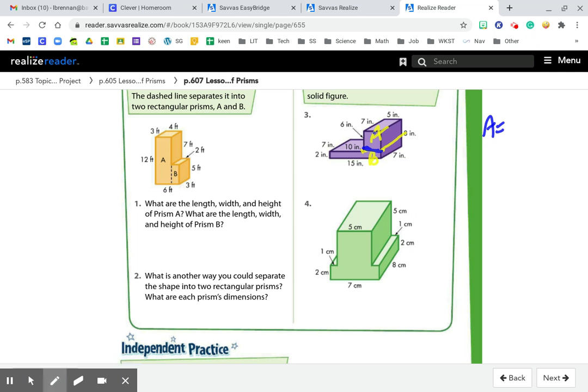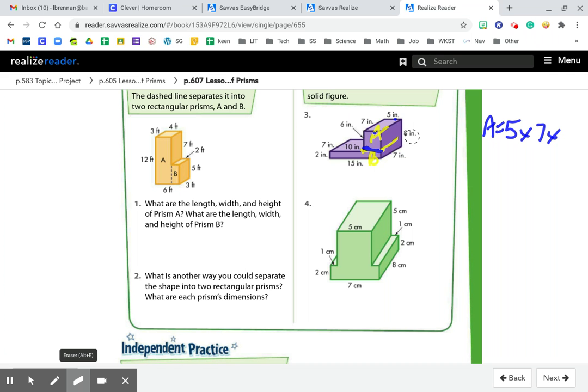I'm looking at opposite sides. There we go, 5 times width is 7 times height. It's not 3, or not 8, sorry, because I can't read my writing. There we go.